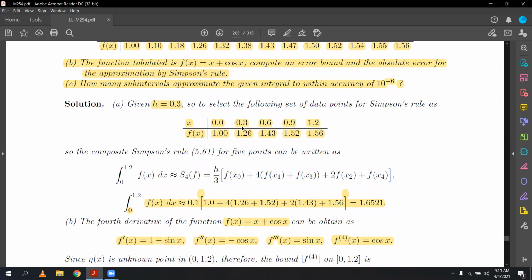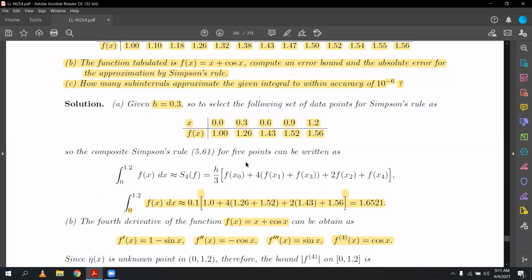This is your x naught, this is x1, this is x2, this is x3, this is x4. So the value of the function at the first point and at the last point should be multiplied by 1. The middle odd points, f of x1 and f of x3, are multiplied by 4, and the even point, only one, is multiplied by 2 here.